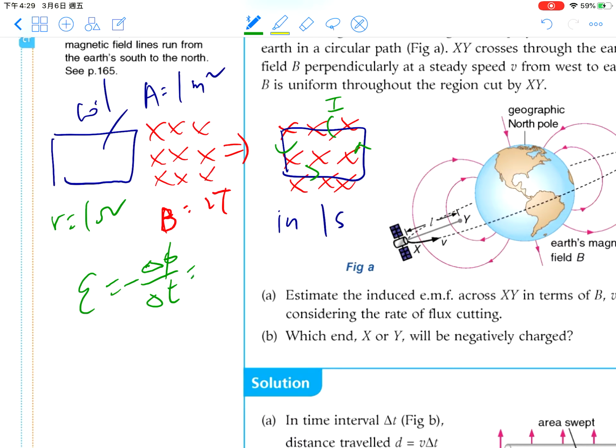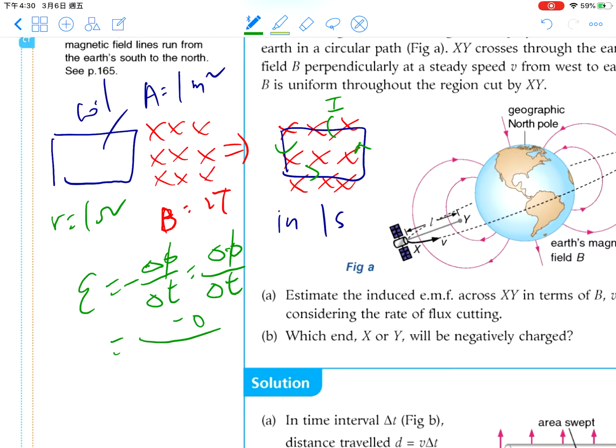And we have the equation induced EMF equals minus delta phi over delta t. Actually, we just need to find out the magnitude. So what is the change of magnetic flux? Originally, no magnetic flux passing through, so 0.